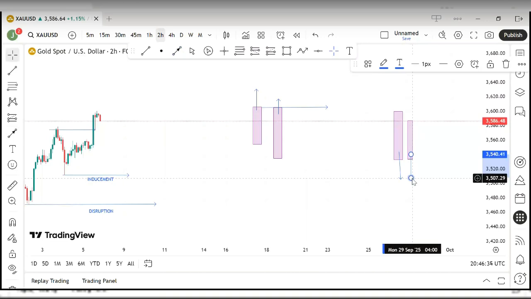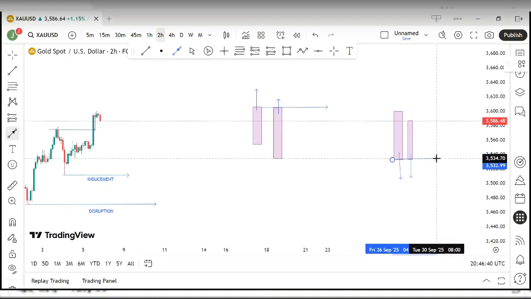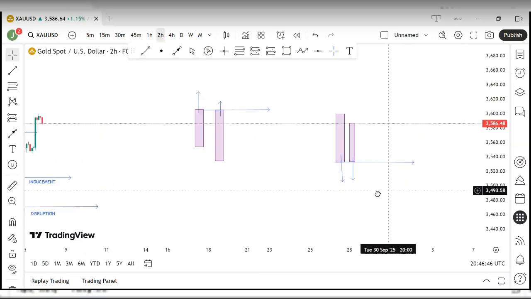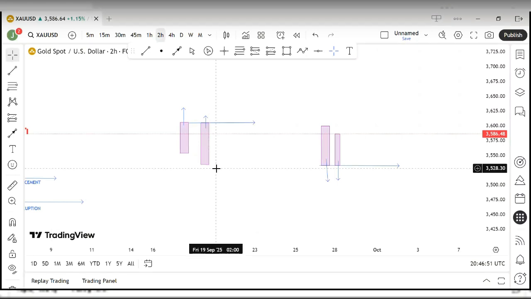What matters is that they are equal on the low or on the high. This is what key level is all about.